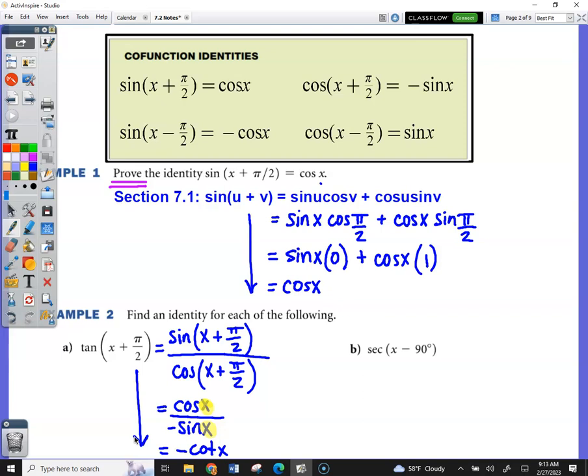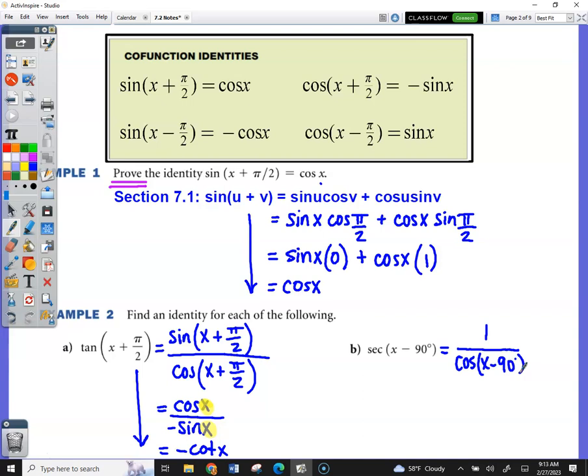Okay, let's look at secant of x minus 90. We're going to manipulate it the same way we manipulated this. We don't have a secant formula up here, so we're going to rewrite secant in terms of its reciprocal function. So we have secant of this mess. Well, that would be the same thing as this mess, right?